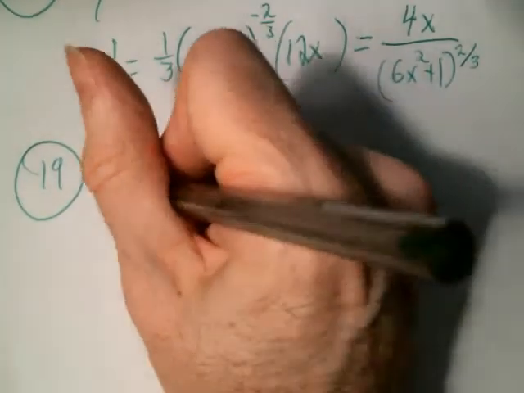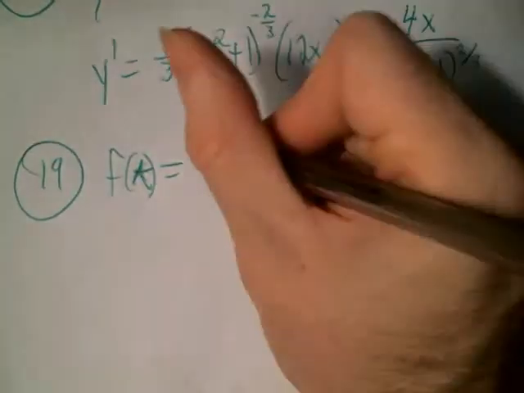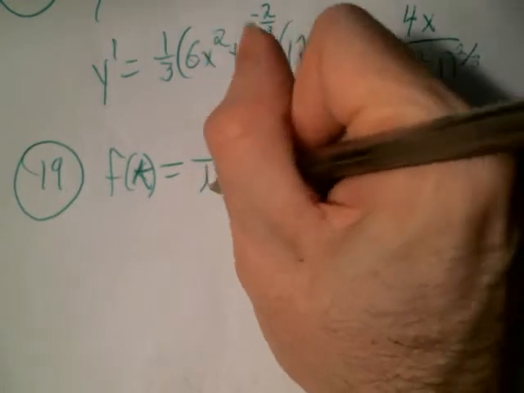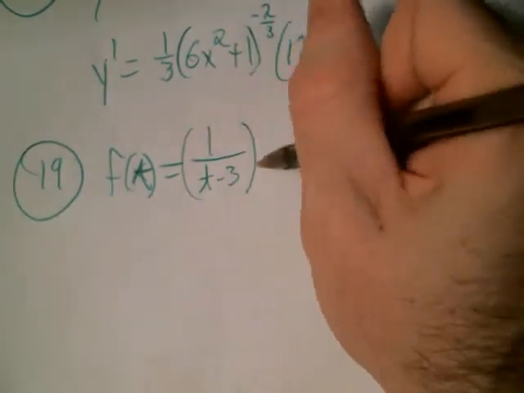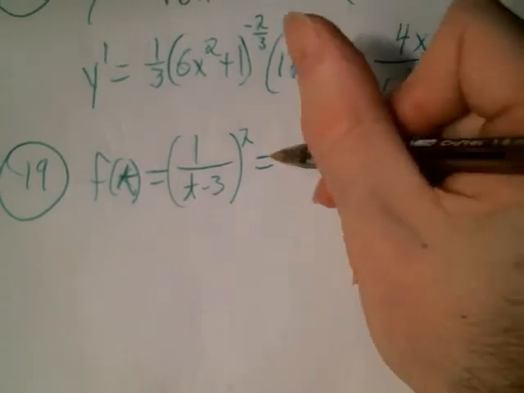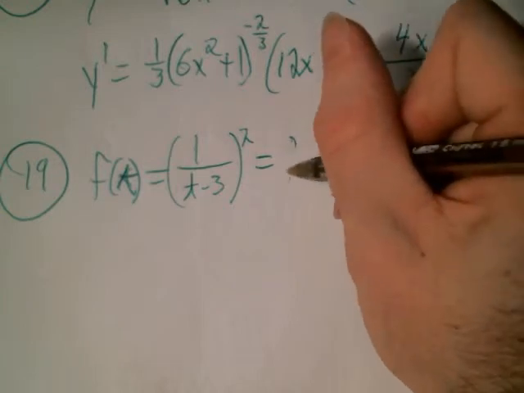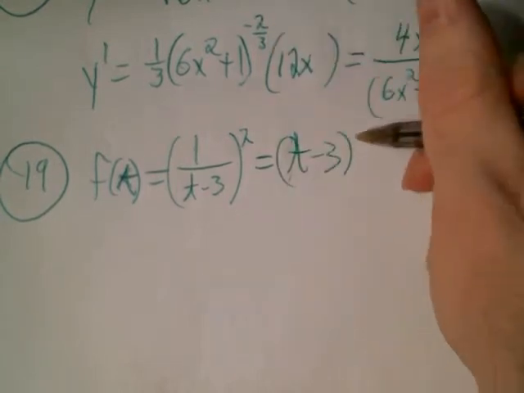Let's look at 19. So I have f of t equals 1 all over t minus 3 squared. Right, but you could rewrite this as t minus 3 to the negative 2.